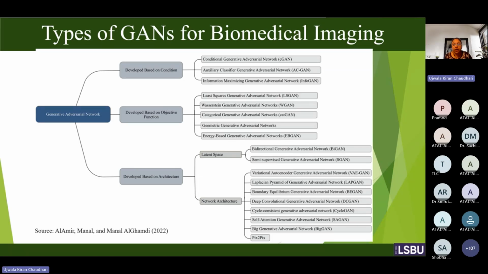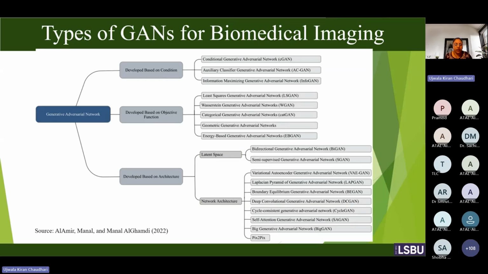Then based on the architecture, we have the bidirectional generative adversarial network, which uses the latent space. Then there are architectural variations like CycleGAN, SAGAN based on self-attention, and pix2pix, which depends on whether you require pairs to generate the data or can generate data without any kind of pairing.